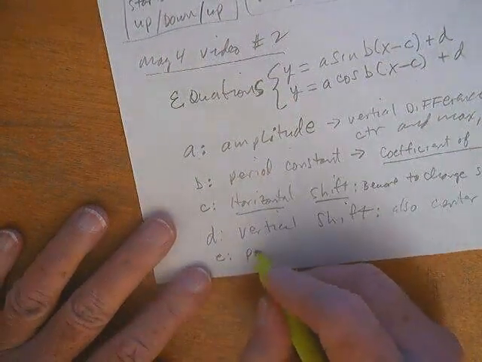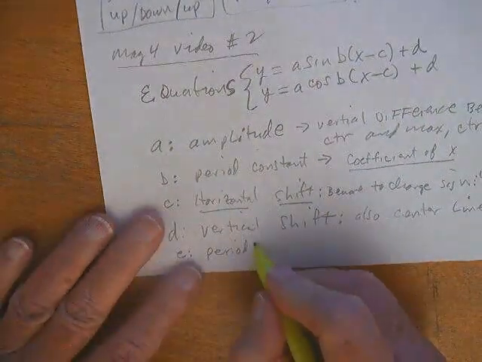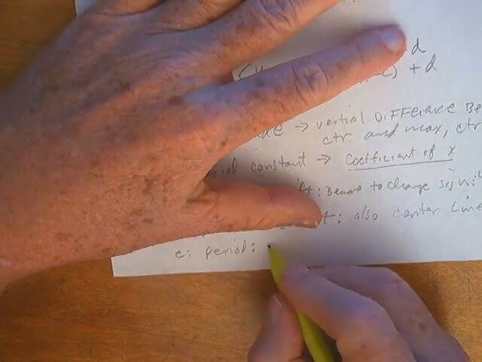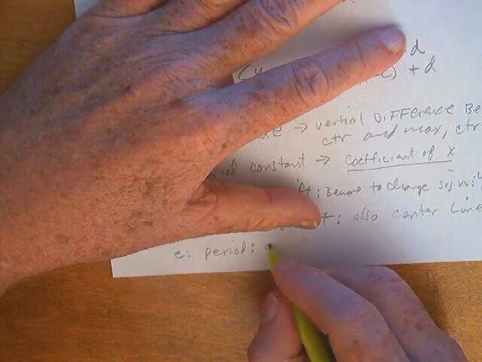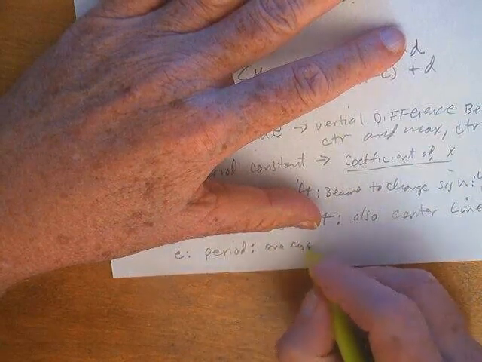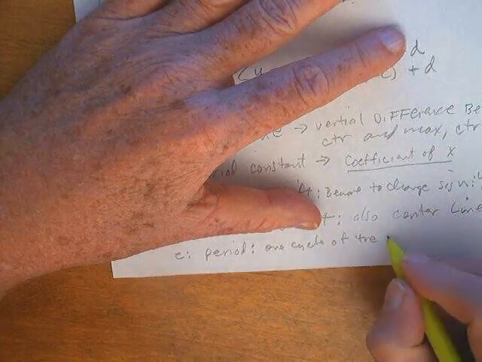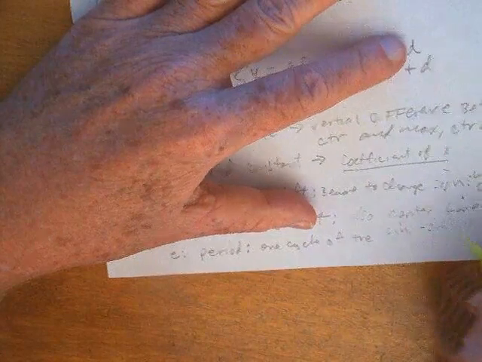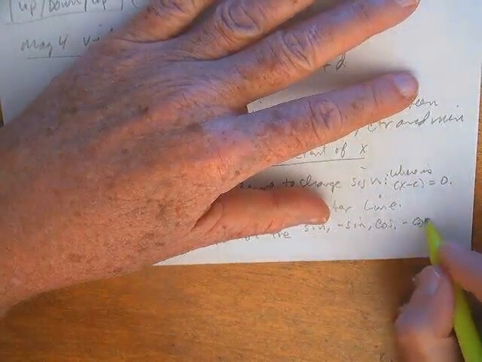We've also got E, which is called the period. Okay? And this is one cycle of the sine, negative sine, cosine, or negative cosine.